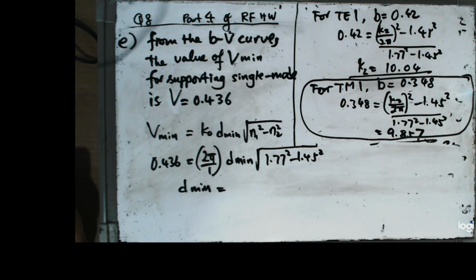Hang on a minute, I will do it. 0.436 divided by 2 divided by pi divided by the square root of 0.7 square minus 0.45 square.